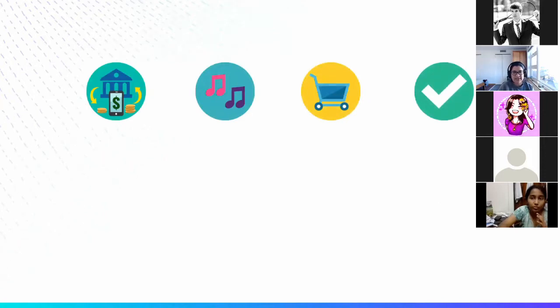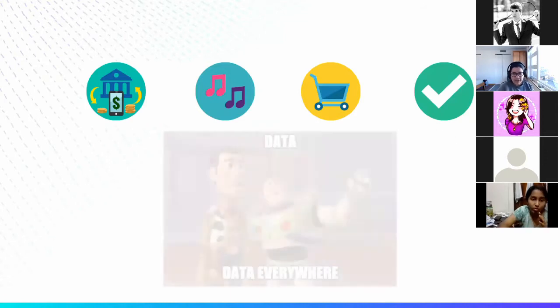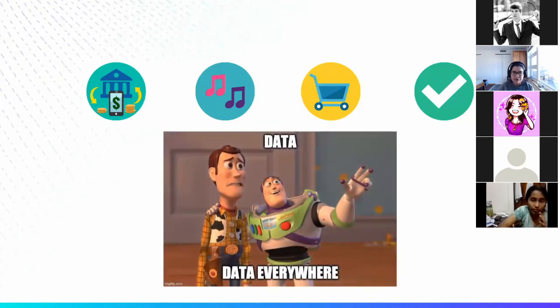If you think about any app that you use every single day, be it a Bitcoin app or your Spotify playlist or your Amazon cart or even a simple to-do list, it mostly handles some form of data.